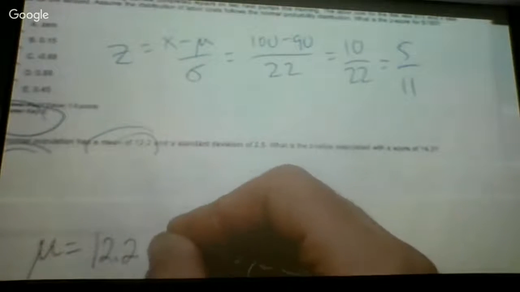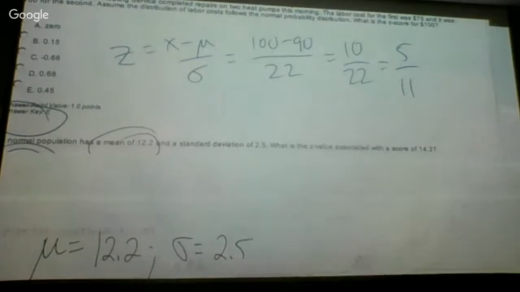So, in this problem, we are told that the mean is 12.2. The standard deviation is 2.5.